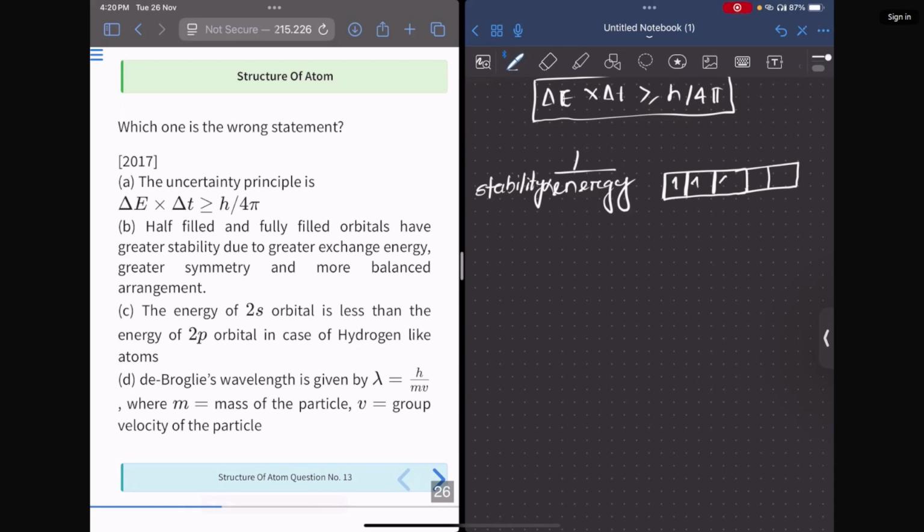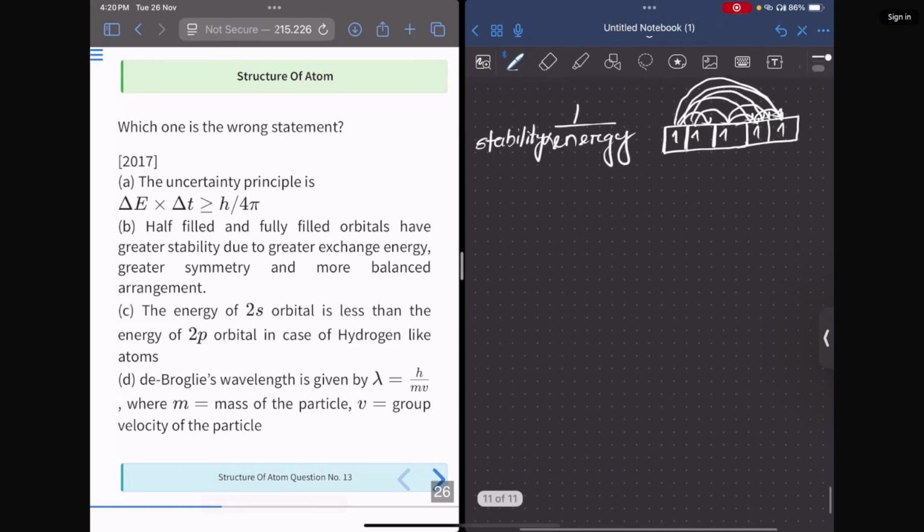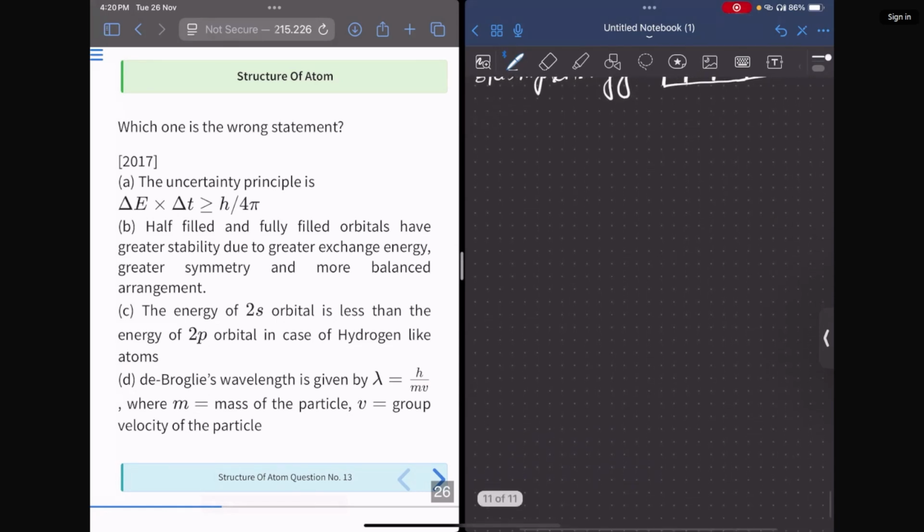In a half-filled orbital, the first electron can exchange with the second, third, and fourth electrons. The second can exchange with the third, fourth, and fifth. The third exchanges with these, and the fourth with this only. So the number of exchanges is more here. Remember: the greater the exchange energy, the more stable the orbital.